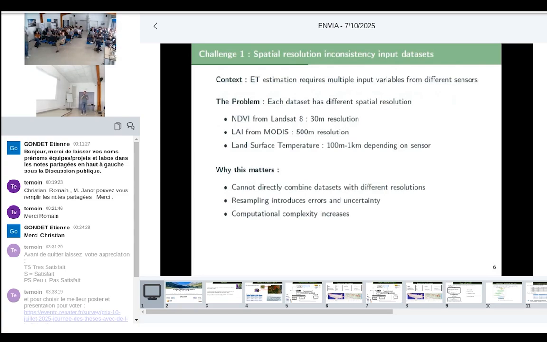For example, NDVI from Landsat 8 can be calculated at 30-meter resolution, but LAI from MODIS has 500-meter resolution. So we cannot directly combine those datasets. Also, if we do resampling, this will introduce some errors and uncertainty.